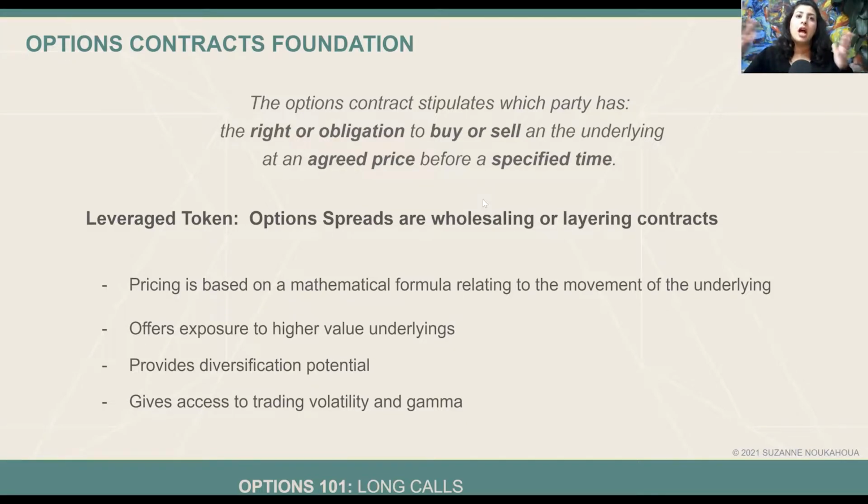Sometimes they're looking at other aspects of the contract. And that's why it's important to know, because sometimes you may not be able to make money on the price movement of the underlying, but you may actually be able to make money from a change in volatility or a change in gamma.